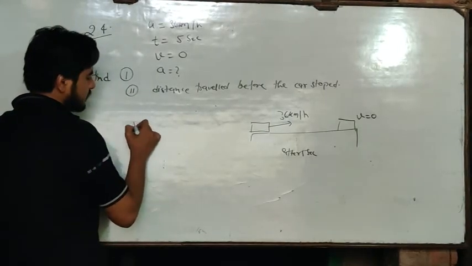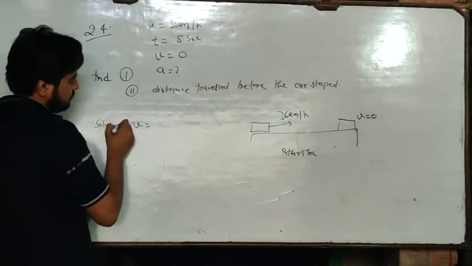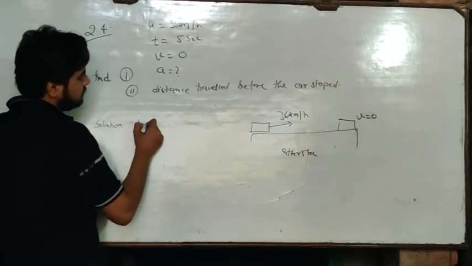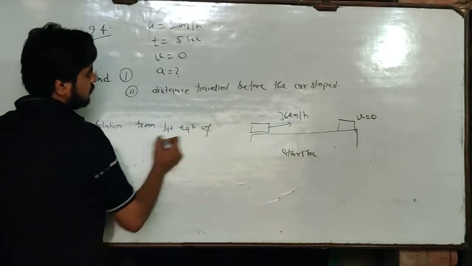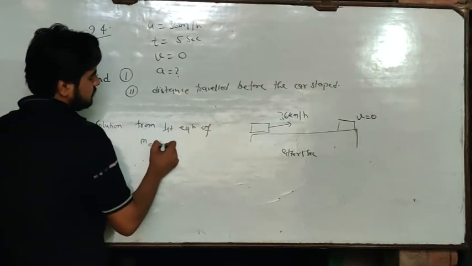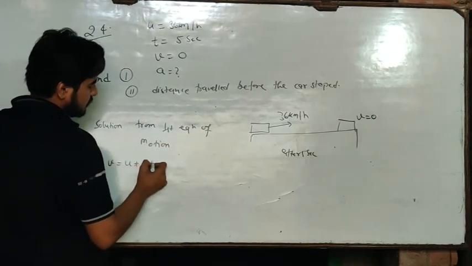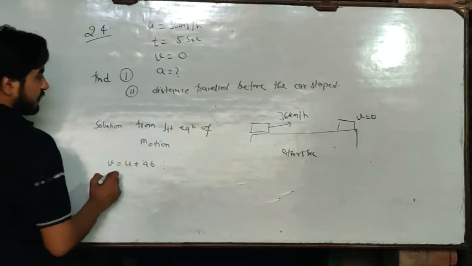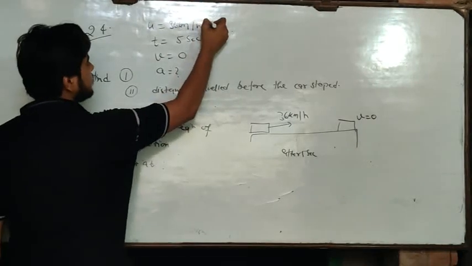From the first equation of motion, v is equal to u plus at. v is equal to 0. u is 36 km per hour.